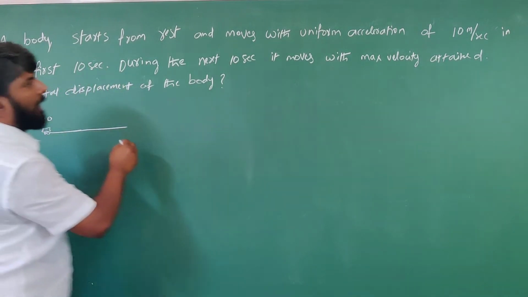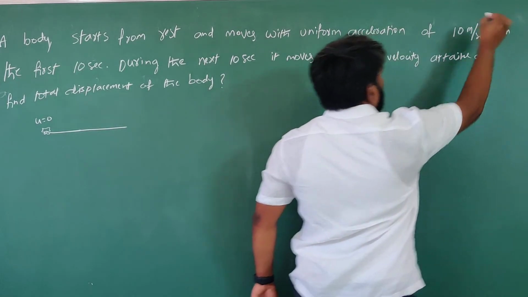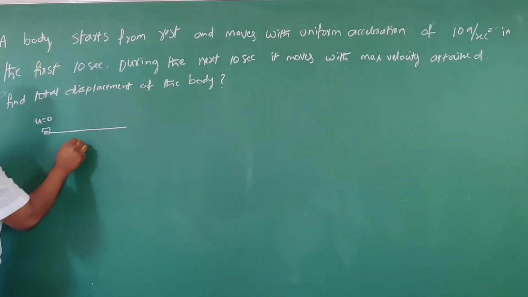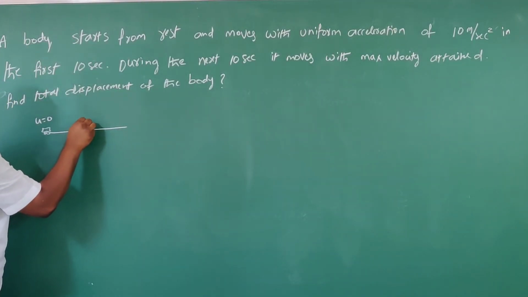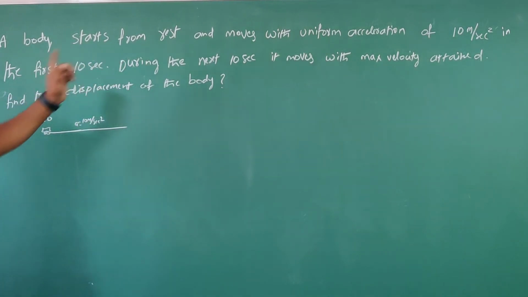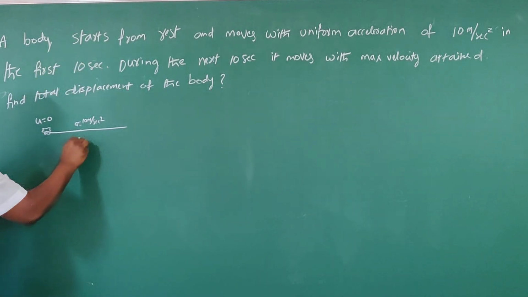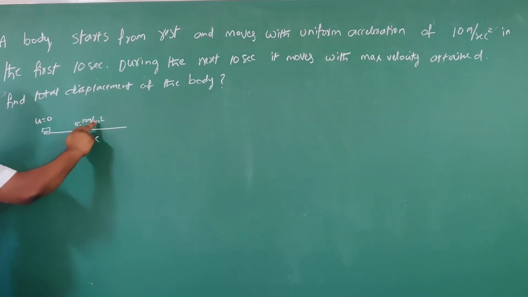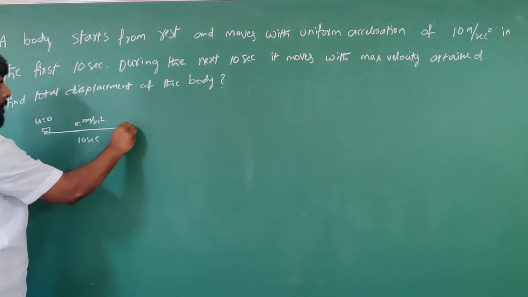How much? 10 meters per second square. It moved with that acceleration in the first 10 seconds. So only for 10 seconds it moved with acceleration 10 meters per second square.